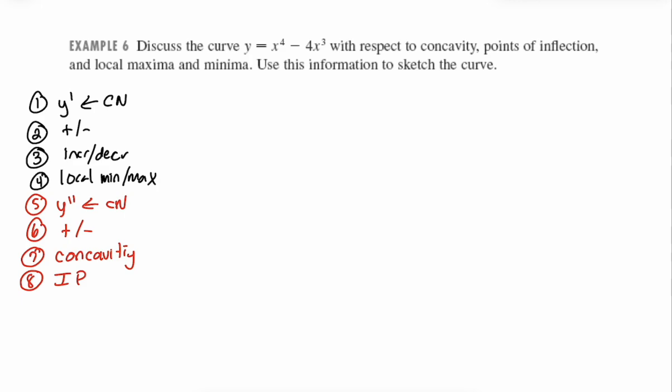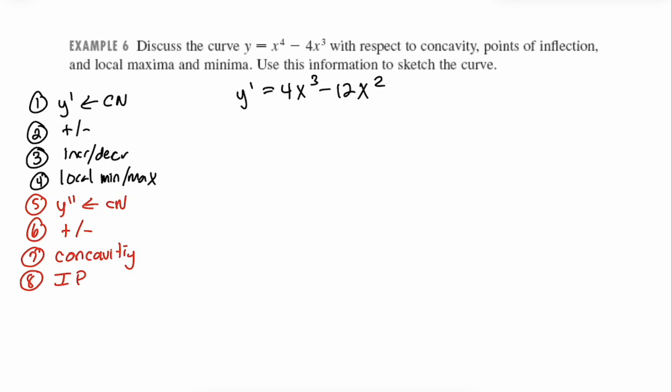Okay, so first thing we're going to do is find the first derivative, which is 4x cubed minus 12x squared. Now, the critical numbers of a first derivative are where the first derivative equals 0 or is undefined.